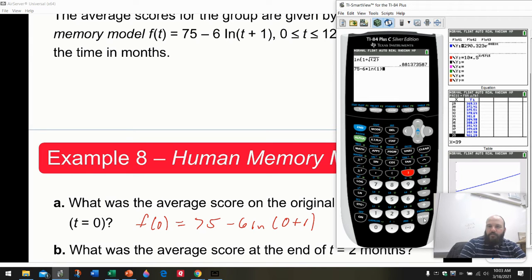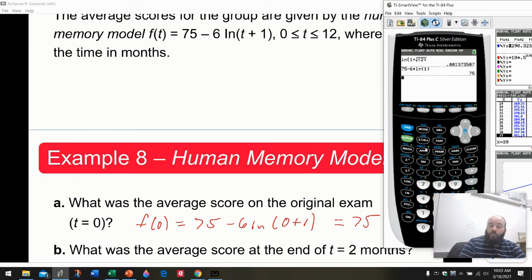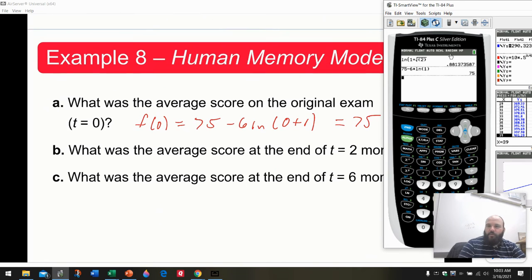Close out your parentheses, go ahead and hit enter, and you can see that the original score on the exam was 75. So that means what we would expect anyways, as time goes by, we would expect that score to reduce some because people are going to forget things over time.